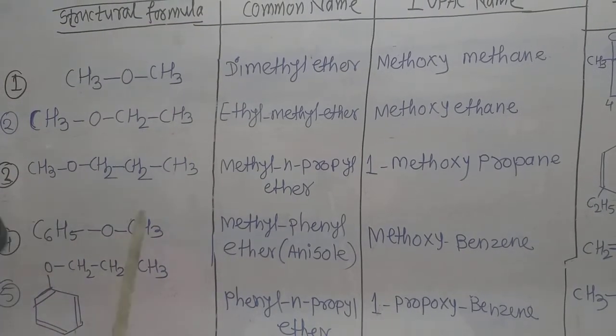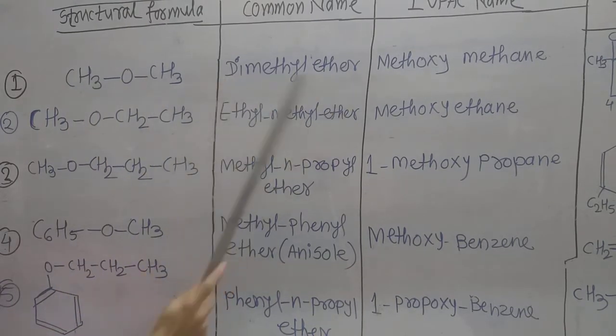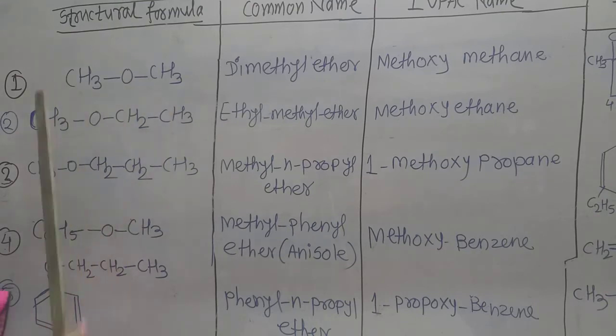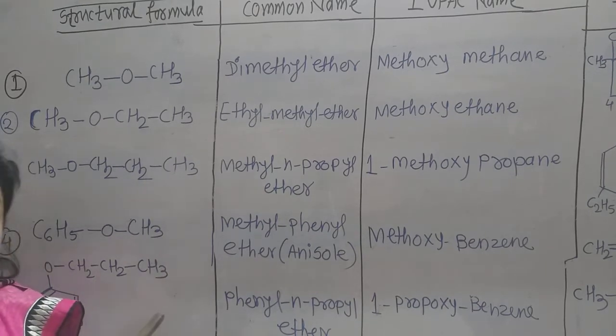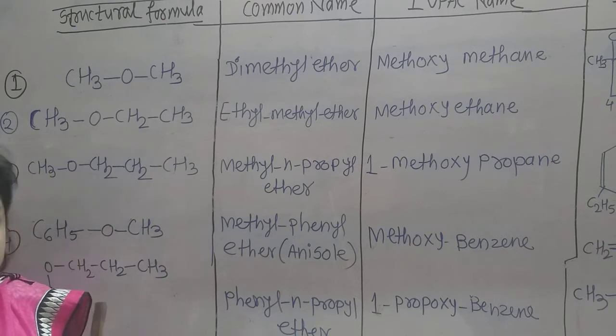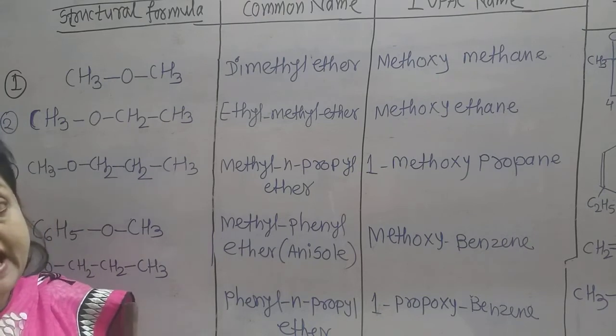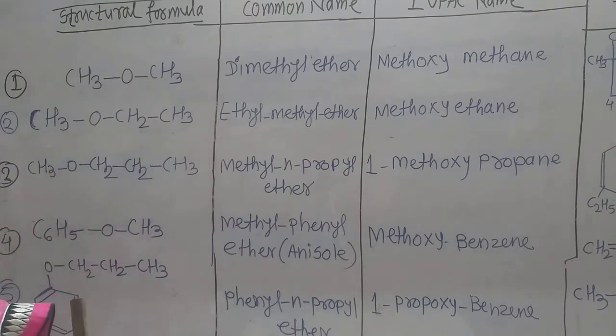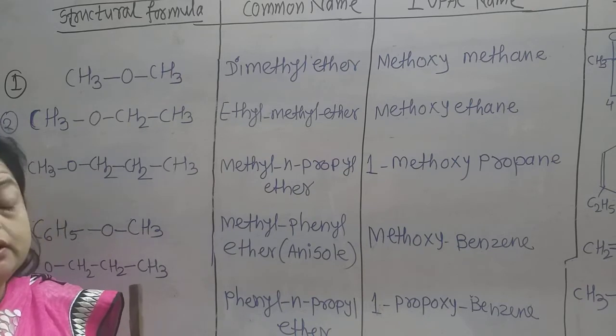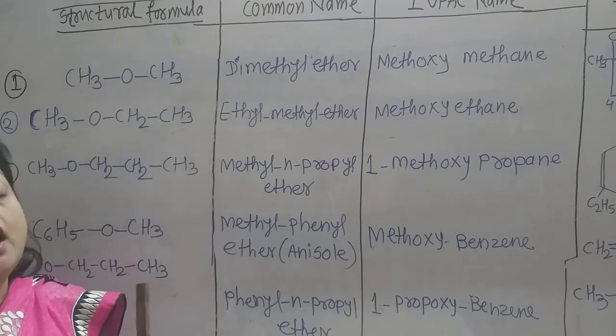Now here the first simplest ether, that is the dimethyl ether, the common name because two methyl groups are there. So this is the dimethyl ether. But how is the IUPAC name given? For writing the IUPAC name, first see which alkane is the larger alkane. Now do the name in such a way that the larger alkane becomes the parent alkane and the smaller alkyl group is the alkoxy group.